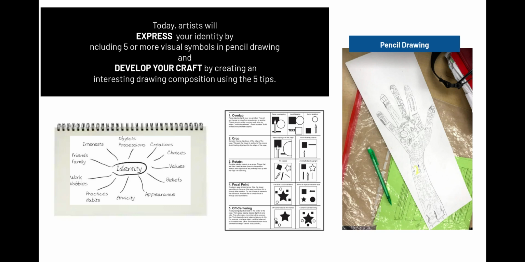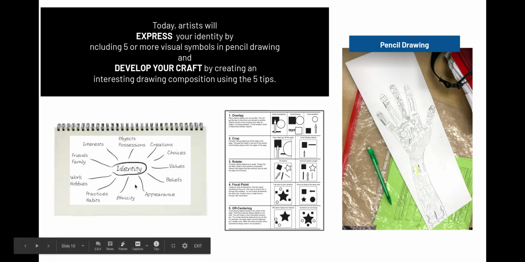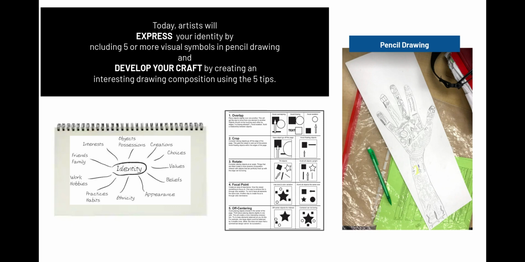So today, your focus is to express your identity by including 5 or more visual symbols in your pencil drawing. You should go back to the different identity characteristics that you brainstormed in your sketchbook. I'm happy to help you with that. I'll be coming around to ask you different questions.